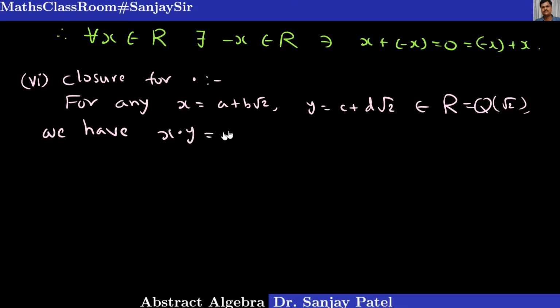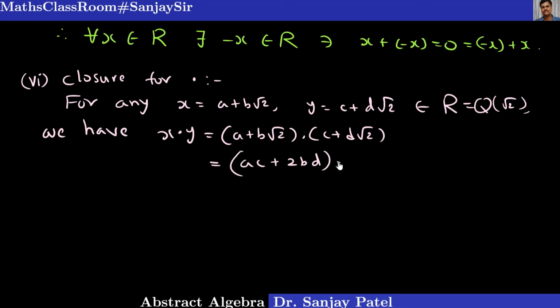So x into y, that is the product of these two elements, a plus b root 2 into c plus d root 2. Multiplying this, we get ac, a into c, and if you multiply these two, I will get 2 times bd. These numbers I am writing in one bracket, plus a into d root 2, so ad plus b into c root 2, so root 2 is common.